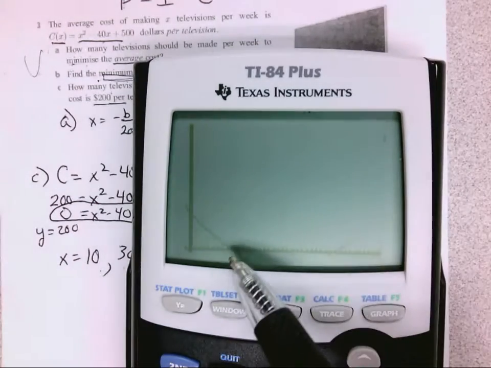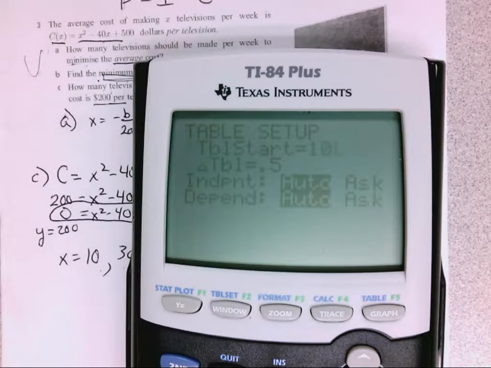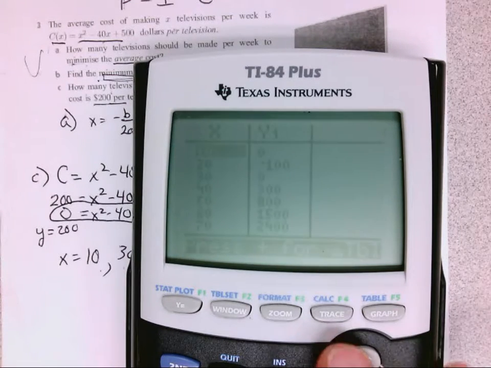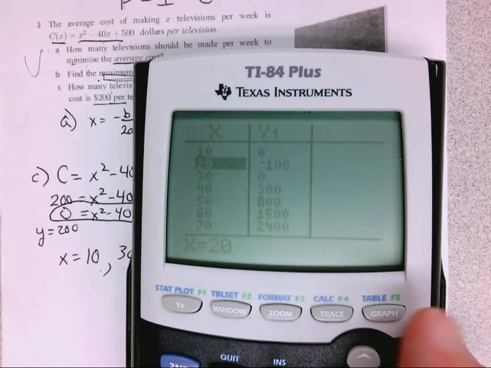Again, I'm looking for the zeros now. You have to know what you're looking for. I can go to my table and make fast work of this, and say I think it's at a multiple of 10. So I change my table and go to my table and say, okay, at 10 and 30, we're good. And you can see the lowest cost right there is at 20.